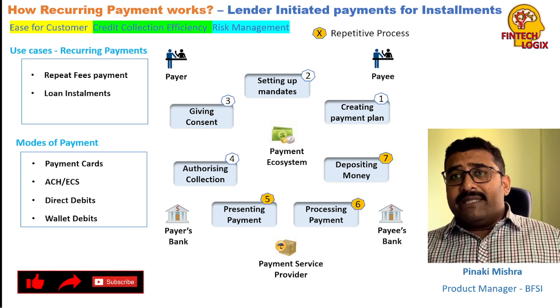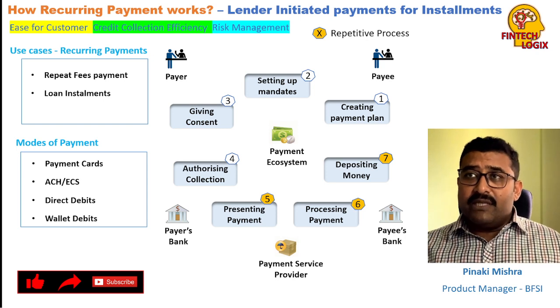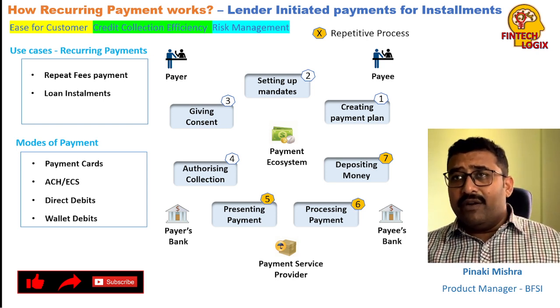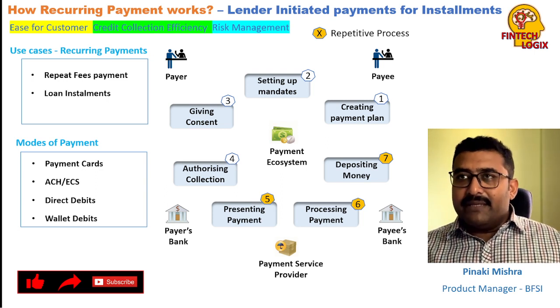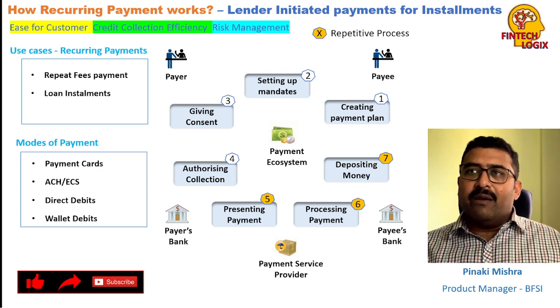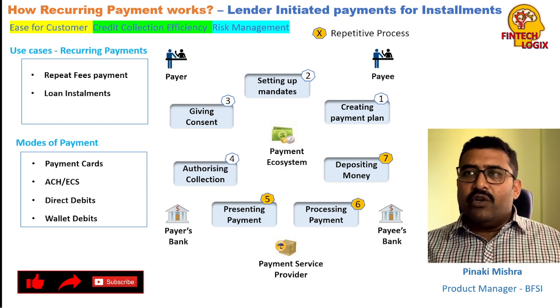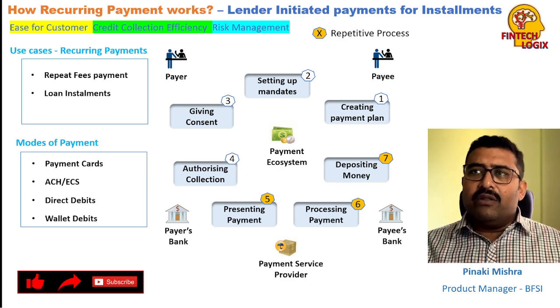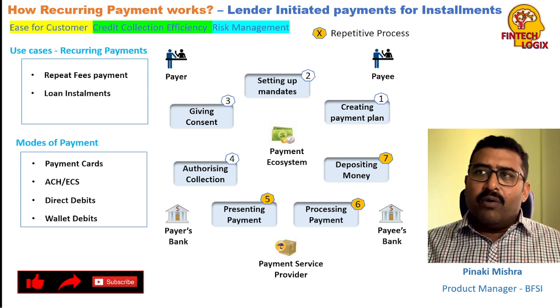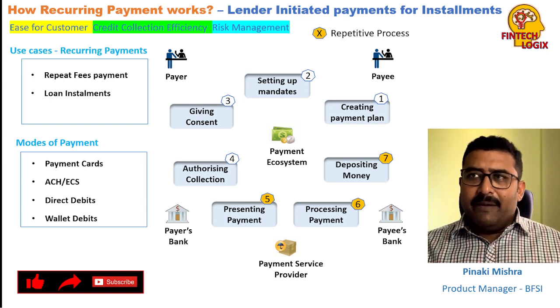Now from step 5, this is a repeat process. Once you have done steps 1 to 4, from step 5, as and when the due date appears, let's say you are collecting a monthly installment and 30th is your due date, on the 29th this will get processed, because on the 30th I have to debit the borrower's account and get my money.